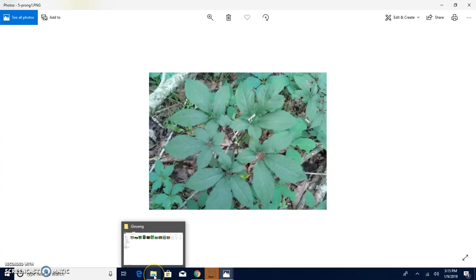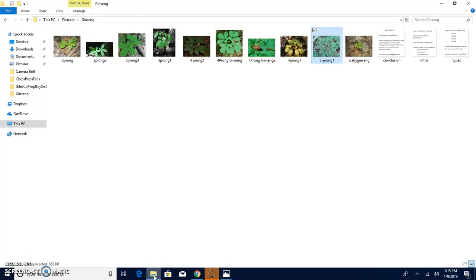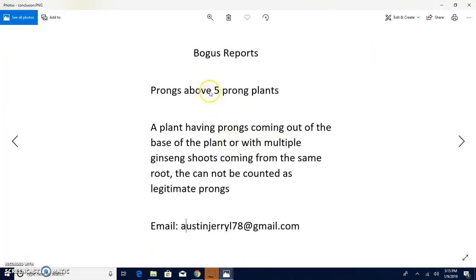Now there's a lot of bogus reports out there of 12 prong plants and 10-prong plants and others, but there is really, in my opinion, no such thing as a 6-prong or 7-prong plant. What happens is people erroneously report plants as having more than 5 prongs.